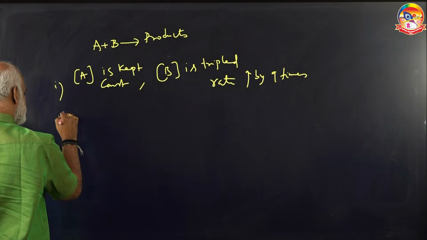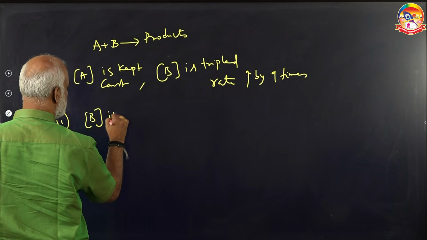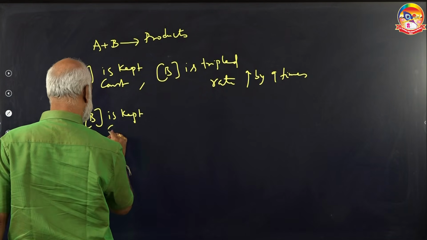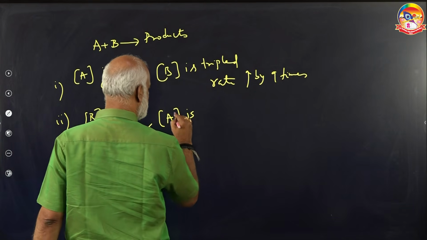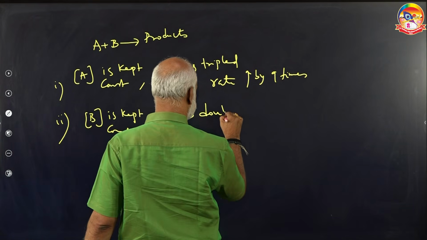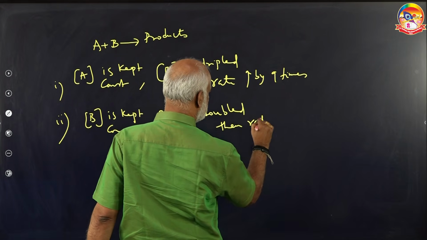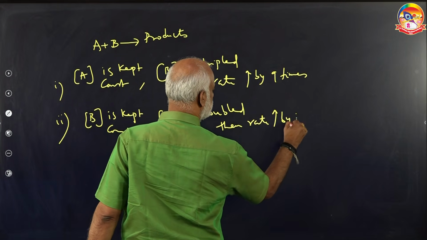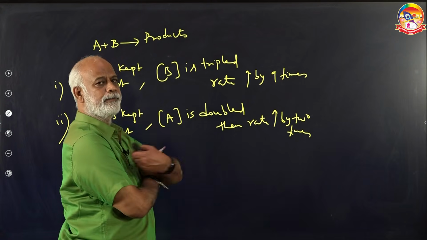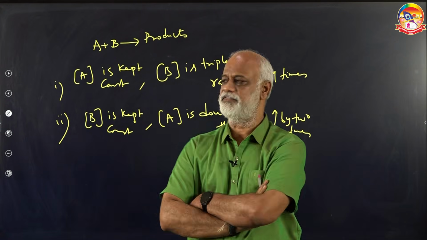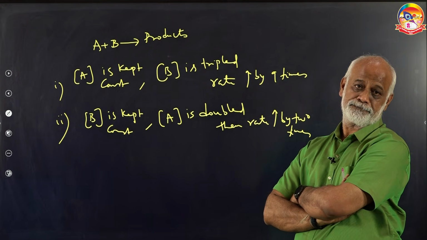And in the same question, concentration of B is kept constant, concentration of A is doubled, then rate increased by 2 times. This is actually a very important and simple type of question where experimental data is given.